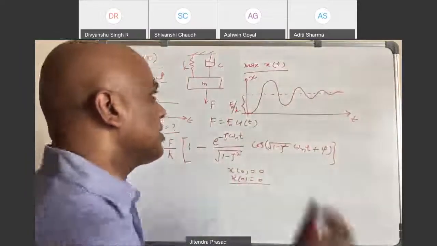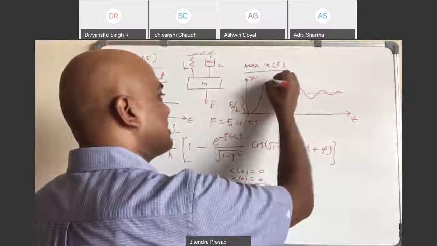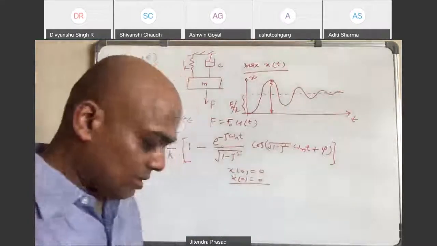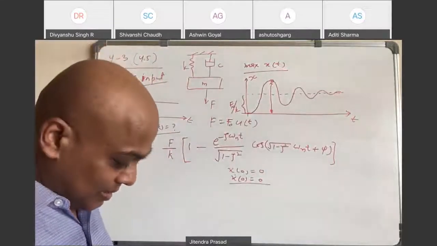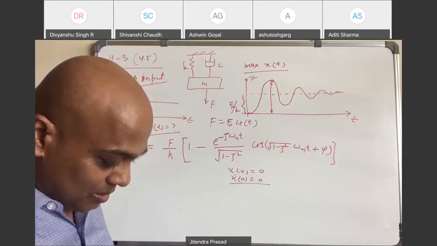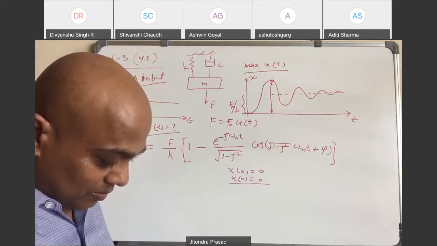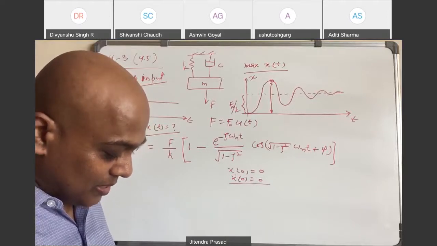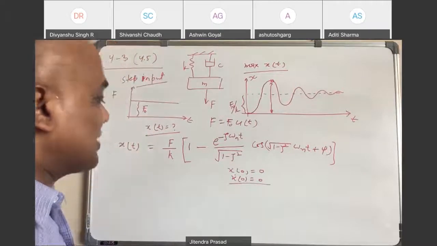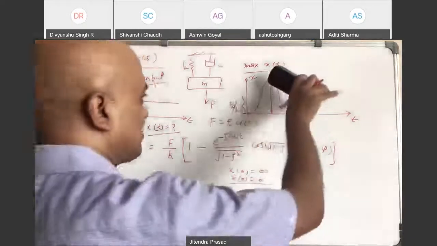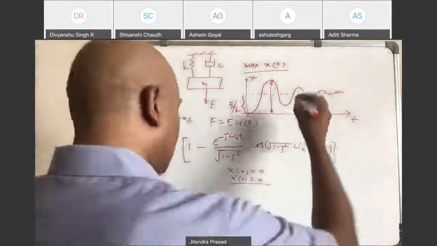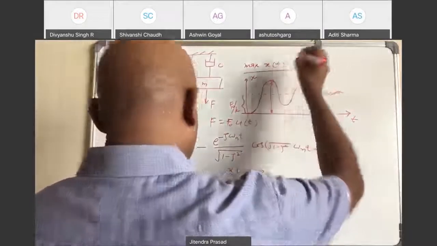The question is not asking what this value from here to here is. It is asking something else: the time corresponding to the peak response of a damped spring mass system excited by a step force. There is one relationship that exists for this point, and that is what you have to show.